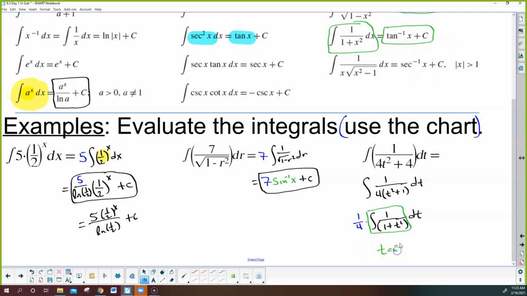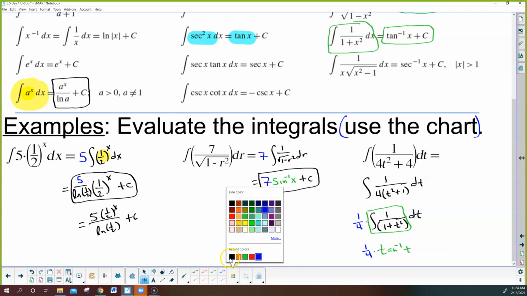So tangent inverse of x, actually instead of x here it would be a t. And then I would times that answer out in front by 1/4. And then we just put the plus c at the end.